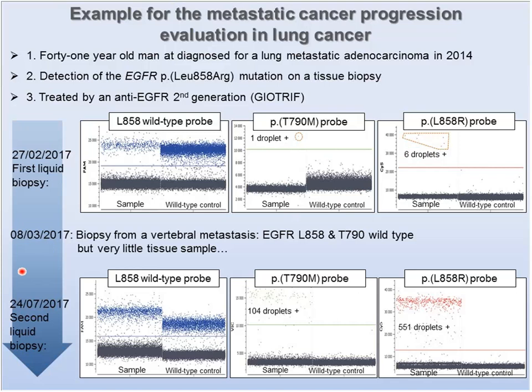So that's why we performed a second liquid biopsy in July 2017, and this time we observed a strong increase of the L858R mutation. You see here 551 positive droplets, which is very important. And we also observed positive droplets for the resistant mutation.